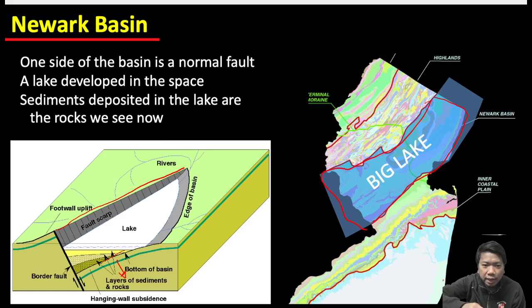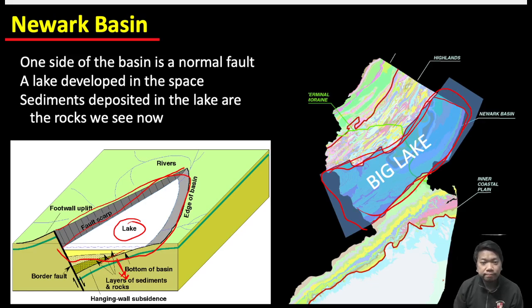So you have a lower elevation right here in the southeastern part of the basin, and that would create a big hole right in front of that normal fault. And that big hole will allow a thick pile of sediments to accumulate within a lake environment. So we have literally big lakes right here, right in the middle of the state.